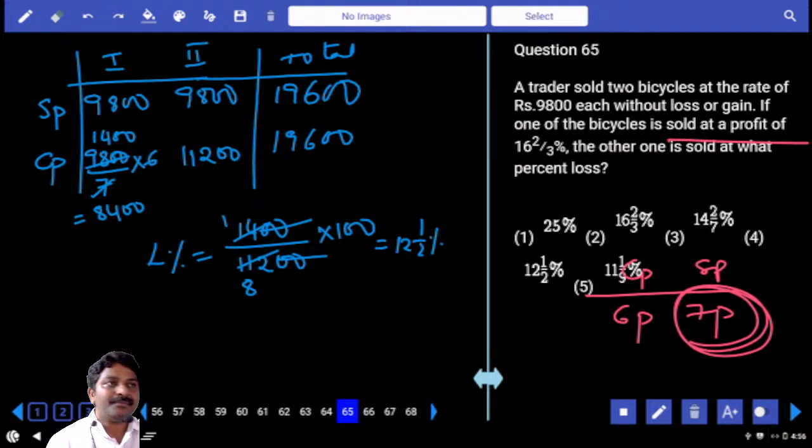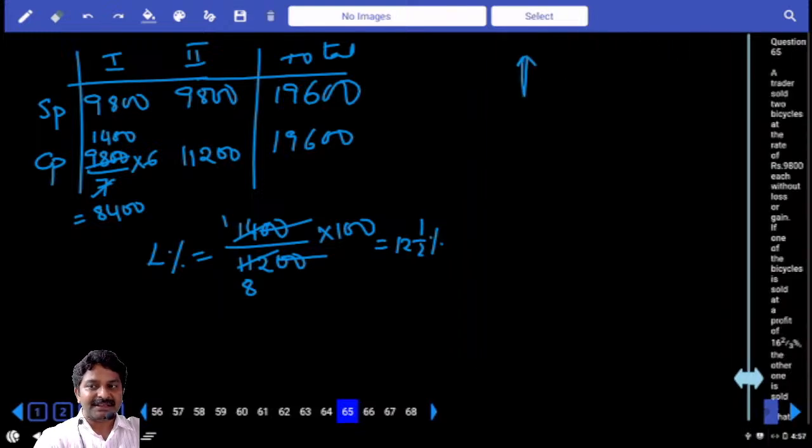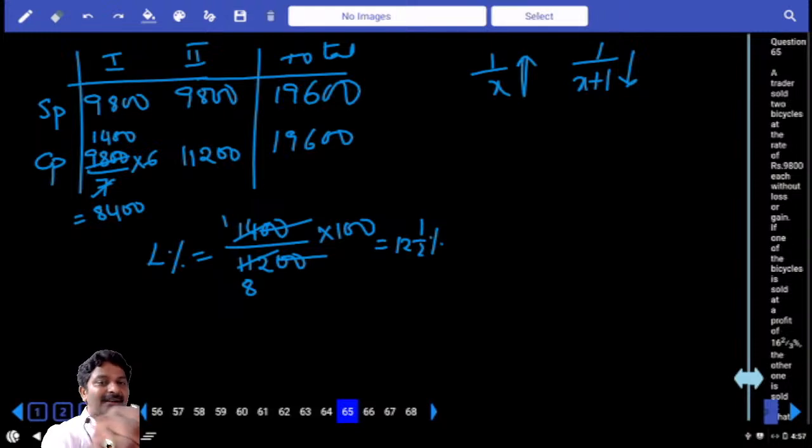How many of you know inversely proportional rule? For always increase of 1 by x, there will be decrease of 1 by x plus 1. Here, for always increase of 1 by x, there will be decrease of 1 by x plus 2. How much profit is made on first item? 16.2 by 3%.